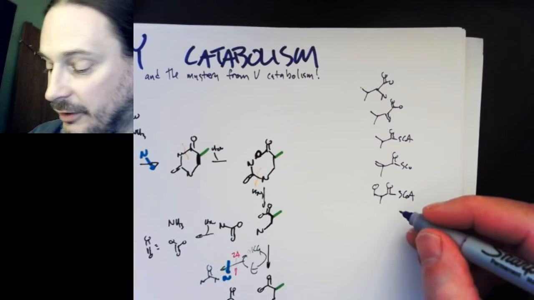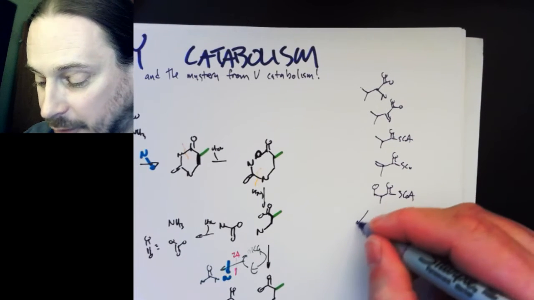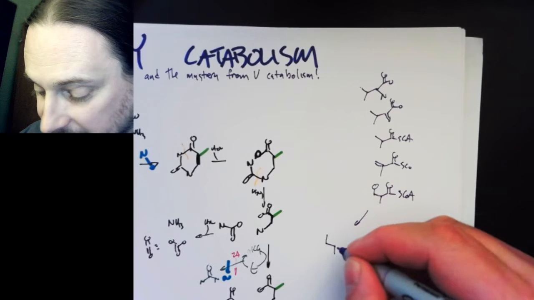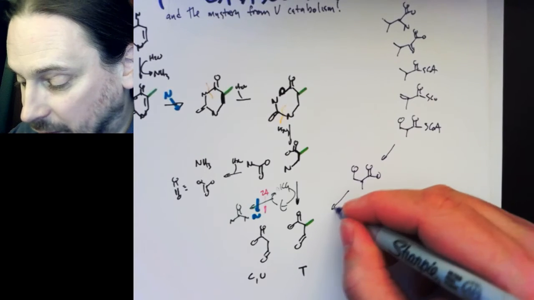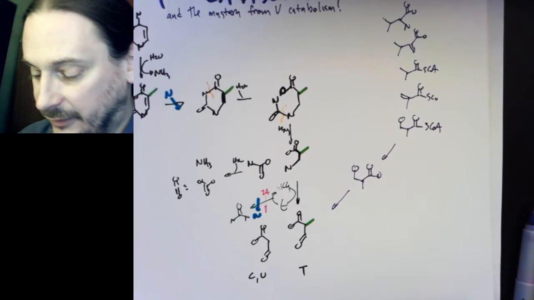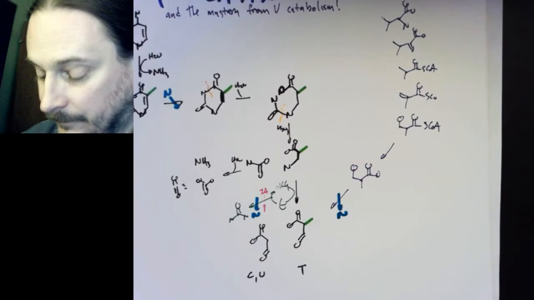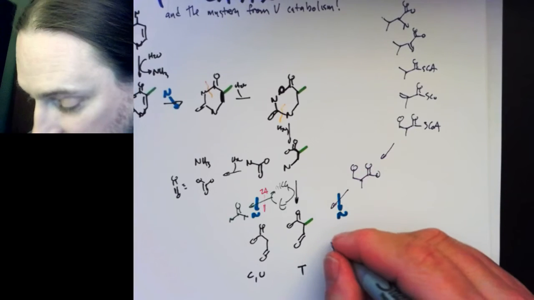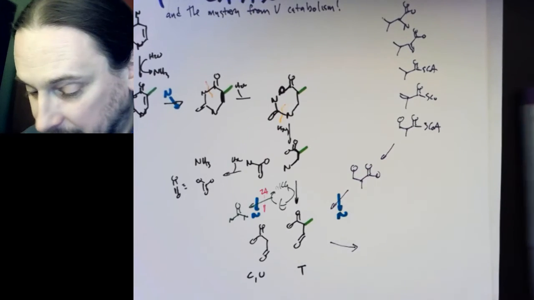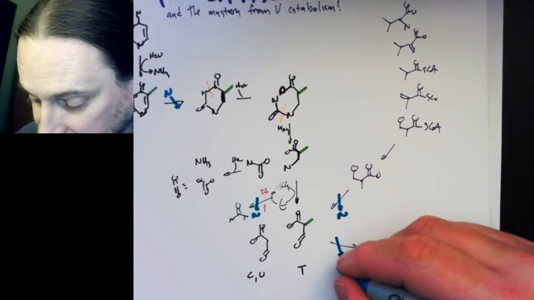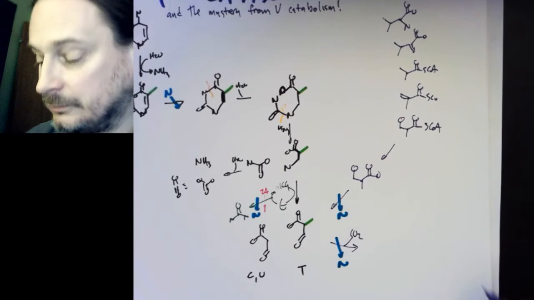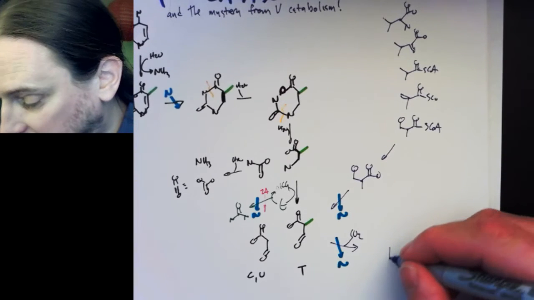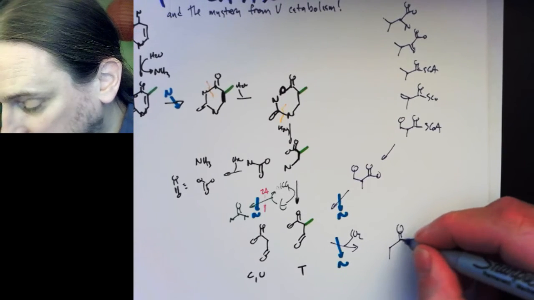Then we said, well, eventually we want to get down, but we do something goofy. We hydrolyze it to this alcohol. Okay? And then what we do is we oxidize it to this thing. Then we take this thing and we oxidize it again in a fashion that decarboxylates. Okay, and we get this thing on away.